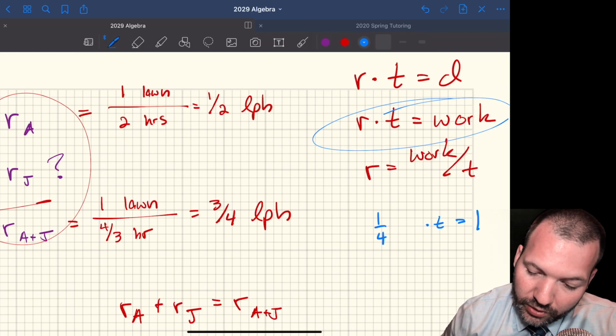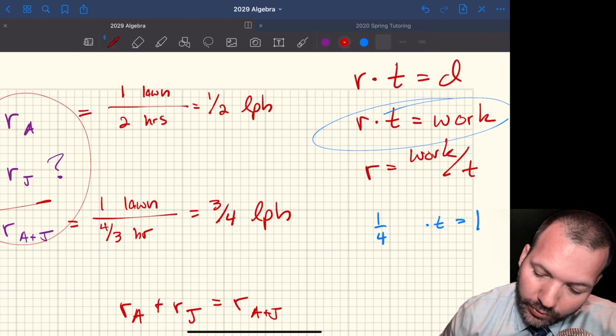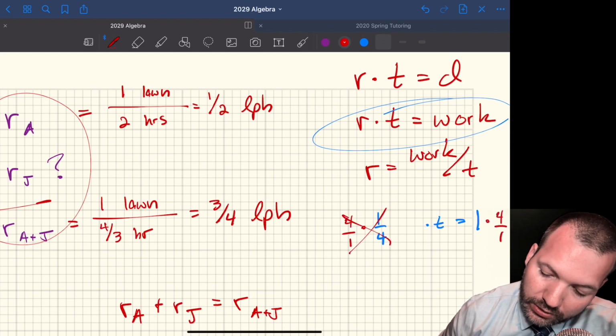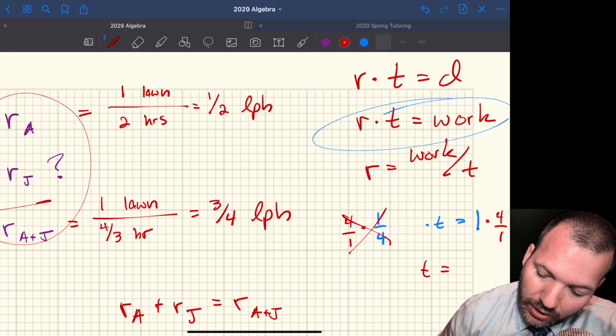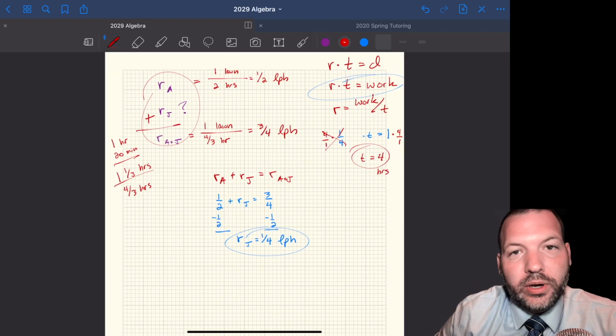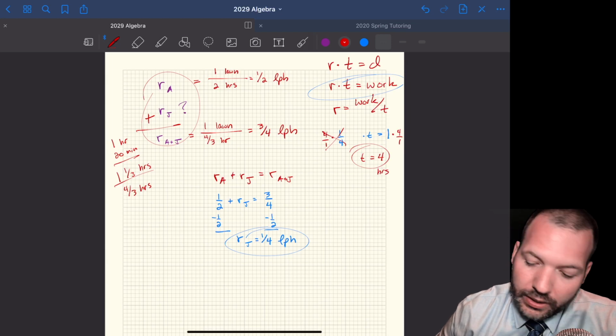What would I do to get rid of that 1/4? Well, we would want to multiply by the reciprocal, right? 4/1. These cancel, leaving me with T. And over here, 1 times 4/1 is 4. In other words, if Jamal can do 1/4 of a lawn in an hour, then of course he can do 1 full lawn in 4 hours, right? And so that's why the answer to this question is 4.